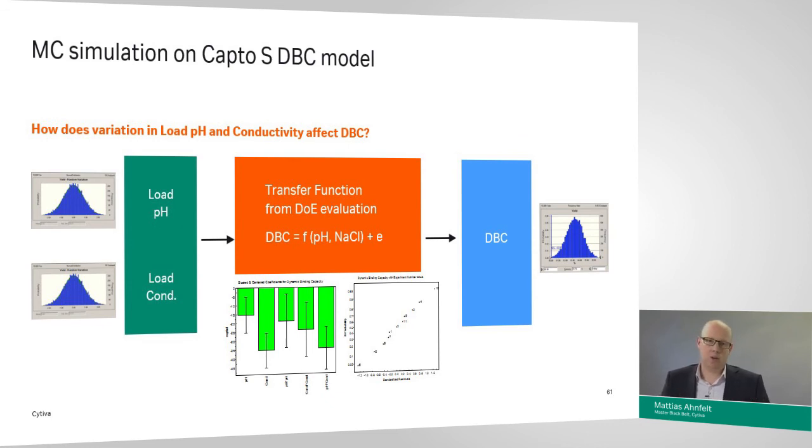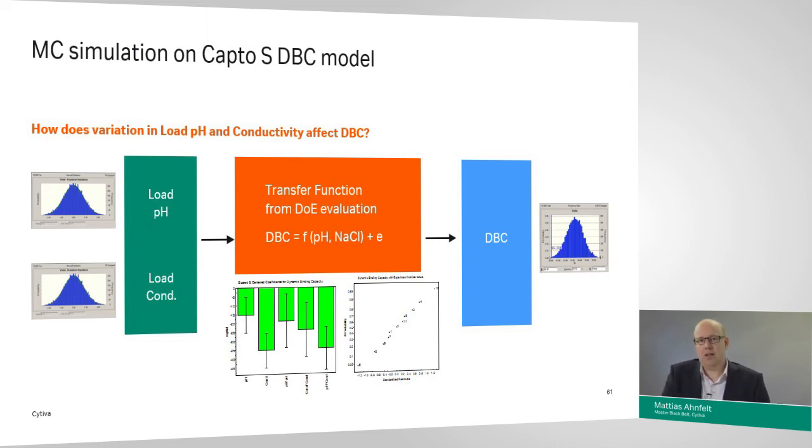Now what the best assessment for that variation on the process input is going to be, naturally it's going to depend on your application and, if you're transferring it to manufacturing, it's going to depend on how well they can control the load pH or the load conductivity. So assuming relevant distributions for the process inputs is of course very important.